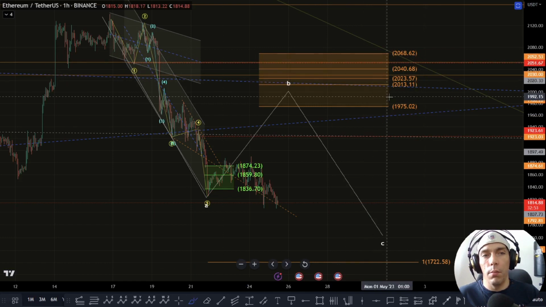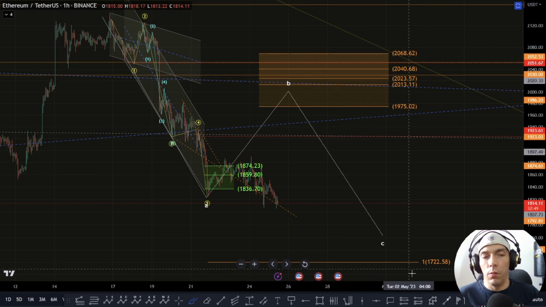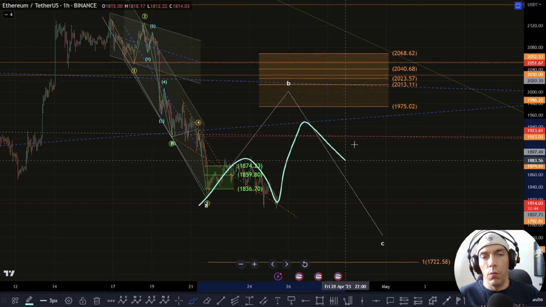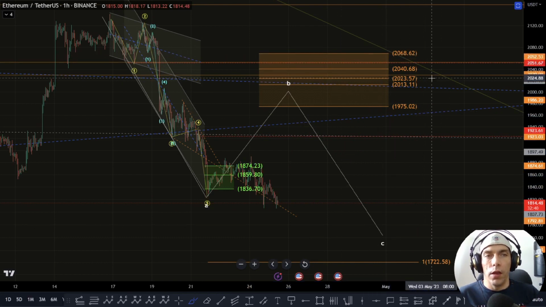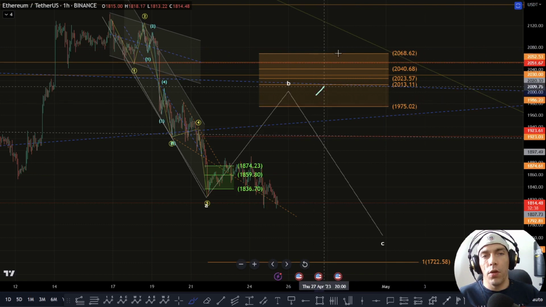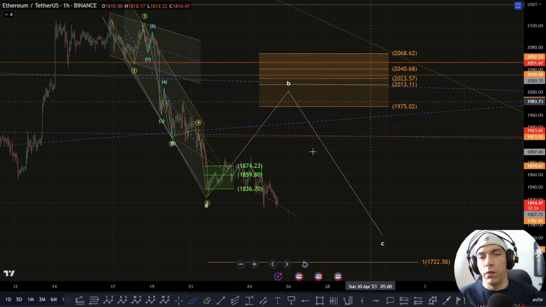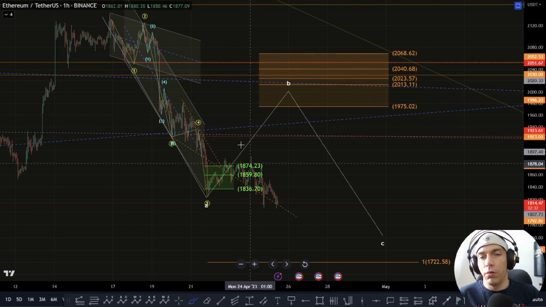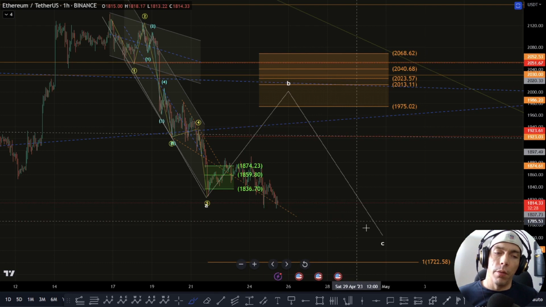As long as we remain below this 2068, we need to be very cautious that this move doesn't continue to break down. Even if we do get a bigger move to the upside here, something like this, as long as we fail to take out this 2068, break through it, and start to consolidate above this, I would still be looking out for that potential that we could continue to see some downwards price action coming in here.